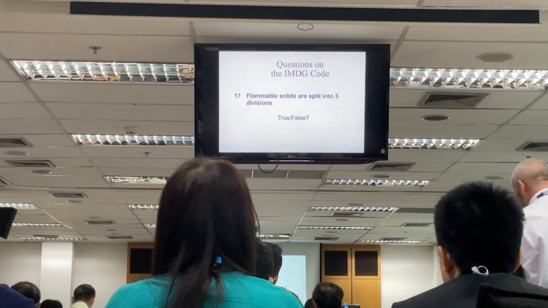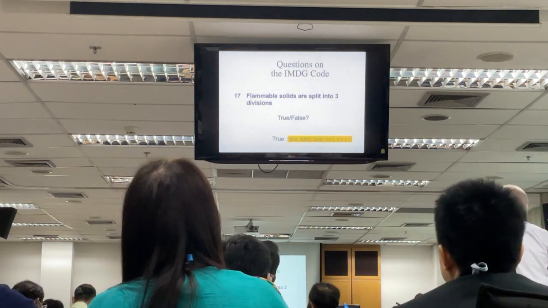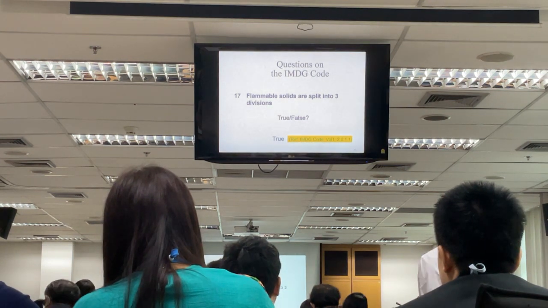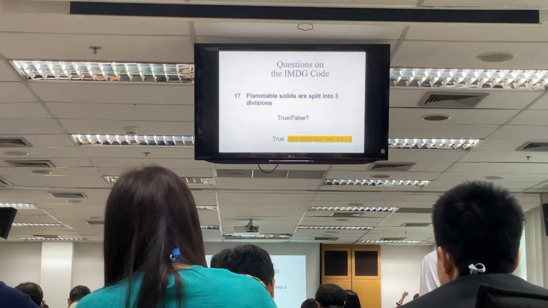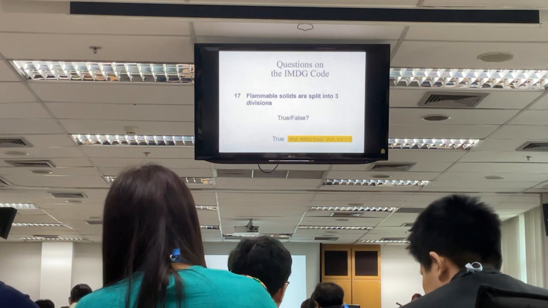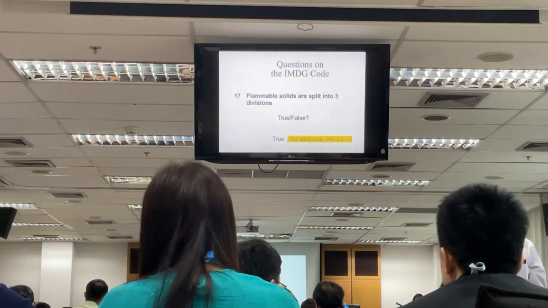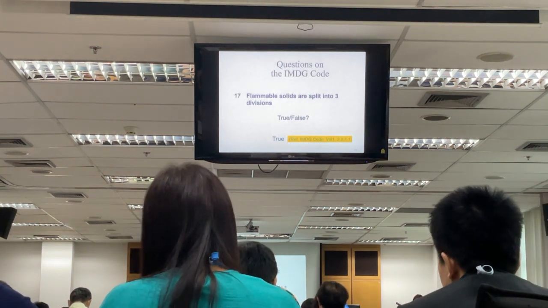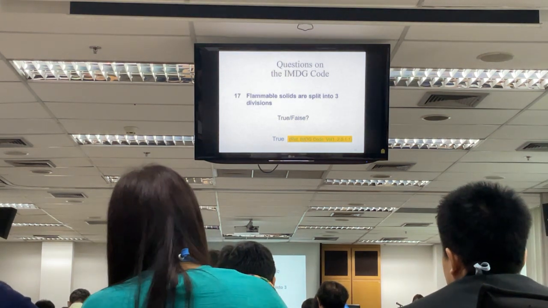He gets the true. Okay, it's true, of course, you know that. The IMDG code volume 1, 2.0.1.1, all the classification and the divisions are given there, you know. If you open volume 1, you will see the names of the division classes and the divisions.